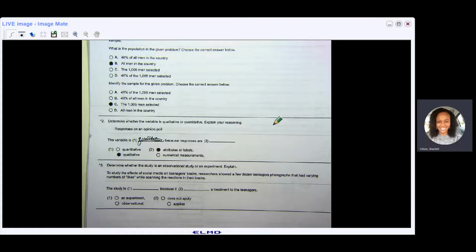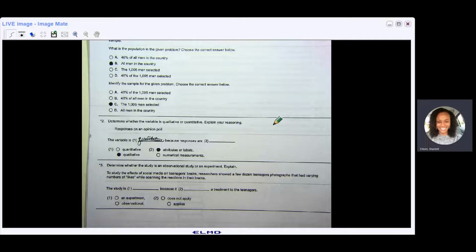For example, walking into a preschool classroom and observing the 3-year-olds or 2-year-olds' behavior patterns as far as placing objects in their mouth. You're just watching them in their everyday environment, just observing.